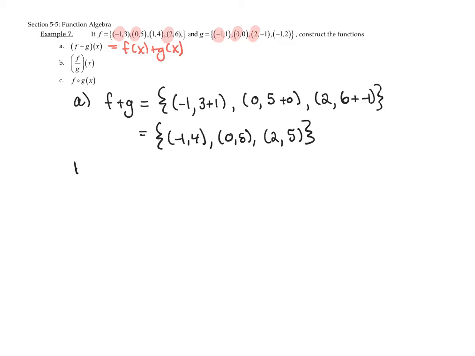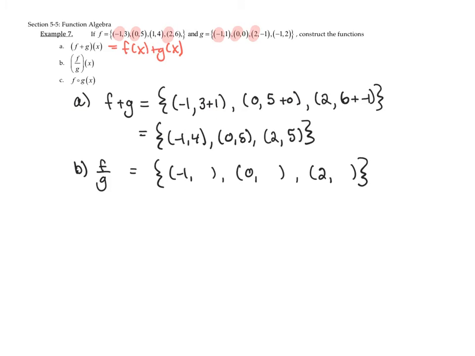Okay, similarly for f divided by g, we would keep the ordered pair they have in common. So I'm going to just go ahead and copy down our 3 x coordinates that they share in common. And then we are going to divide the function values. We're doing the f value divided by the g value.